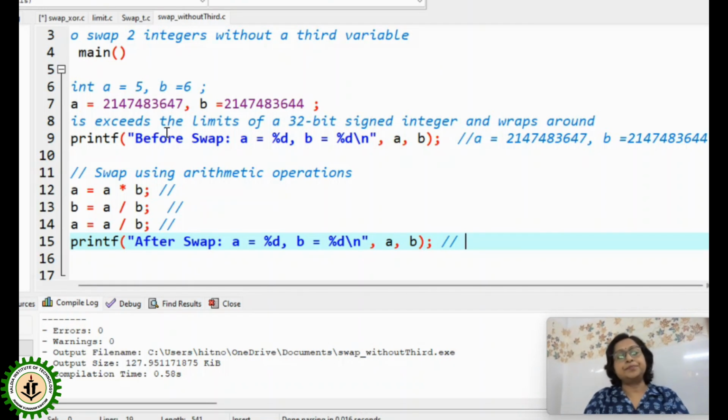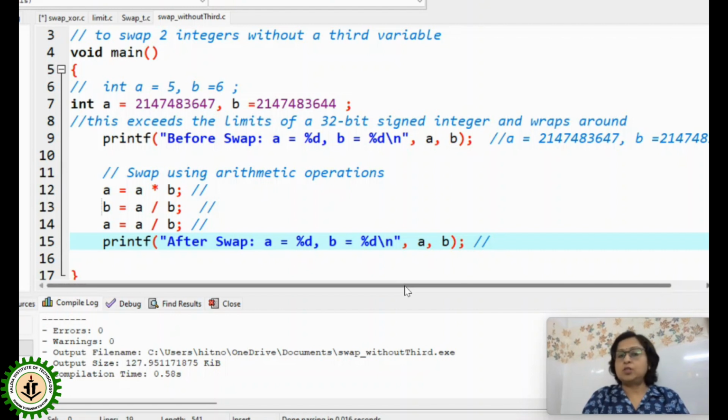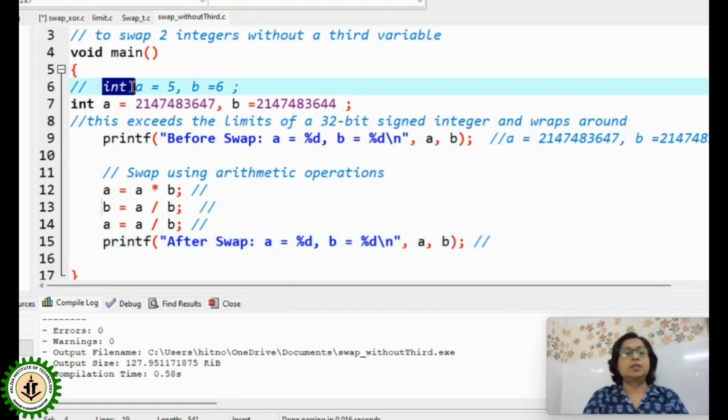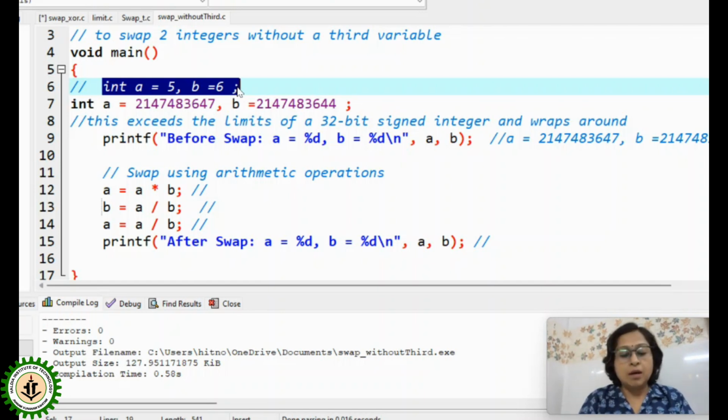The reason is one concept, that is the data range. Here we are using the integer data type. So every data type will have a range, from a minimum to a maximum.